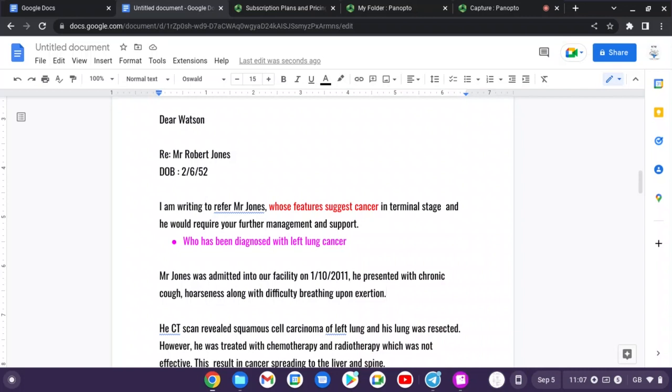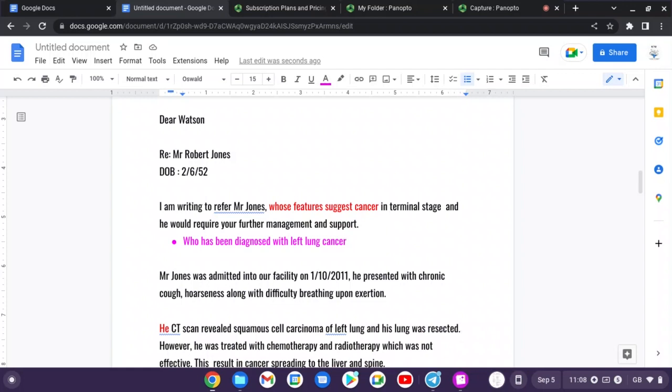Then you can write the medical management and the nursing management you provided in the hospital in the second paragraph. Then what the reader needs to do goes in the last paragraph. So Mr. Jones was admitted into our facility, that was okay. He presented with chronic cough, hoarseness, along with difficulty breathing upon exertion. Then the CT scan part is wrong, maybe a typo, but consider it a wrong one. A CT scan revealed squamous cell carcinoma of the left lung, and his lung was resected.